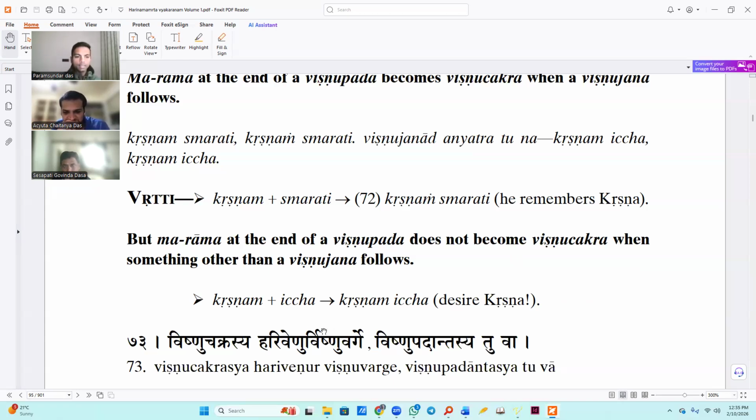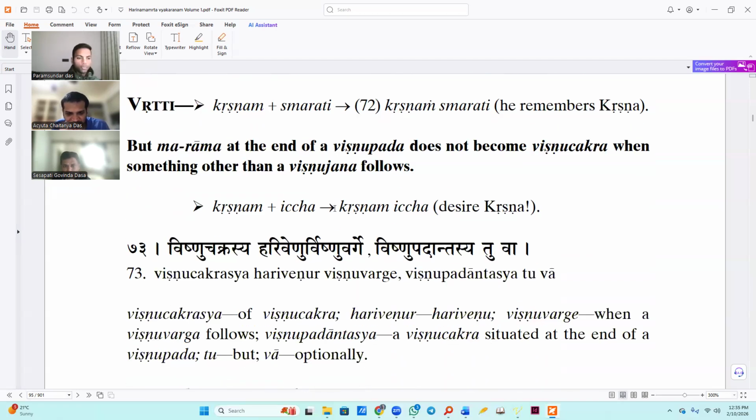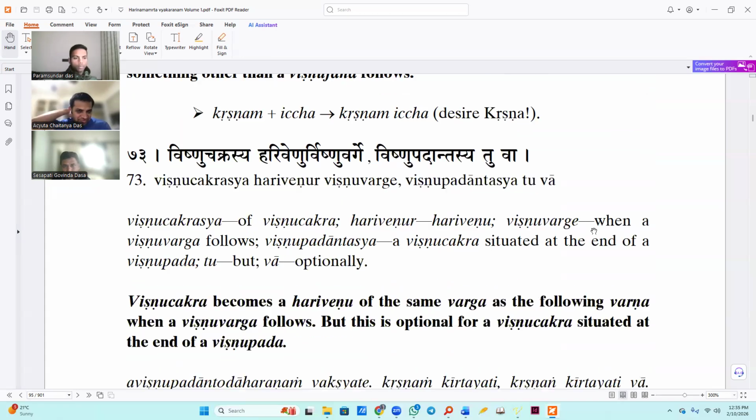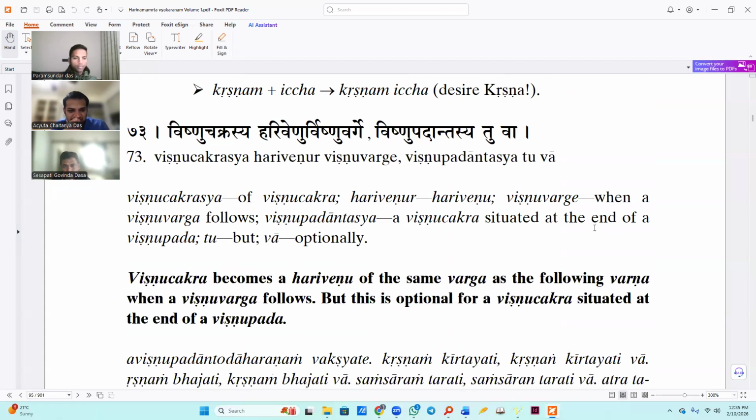Then the next is a continuation of this rule 72. Vishnu Chakra se Hari Venu or Vishnu Varge Vishnu Padanta se Tuva. Basically, it has two parts.